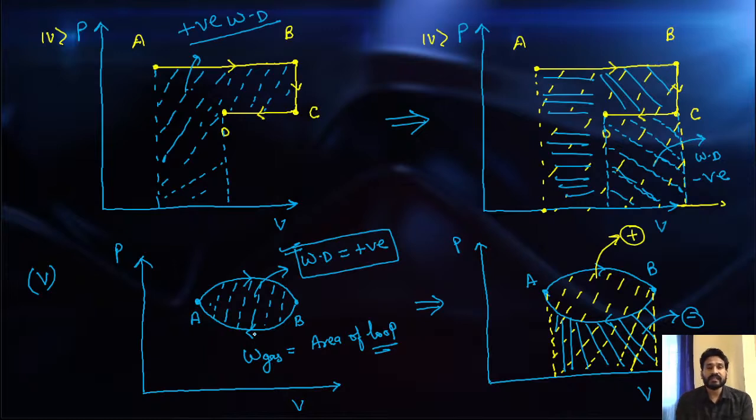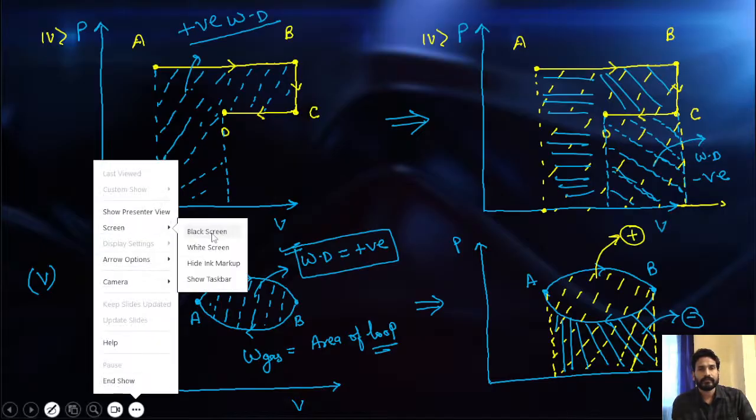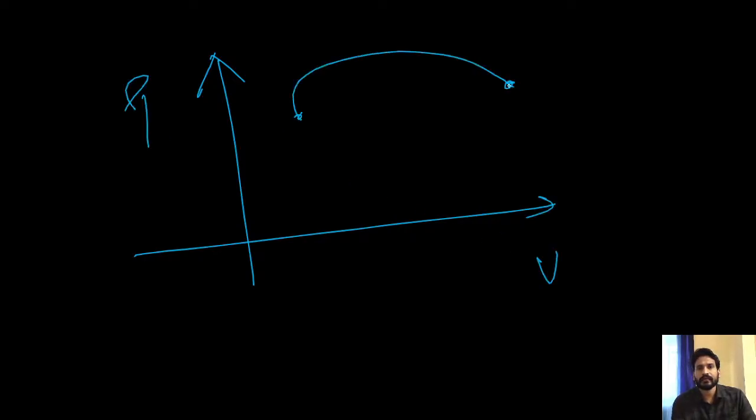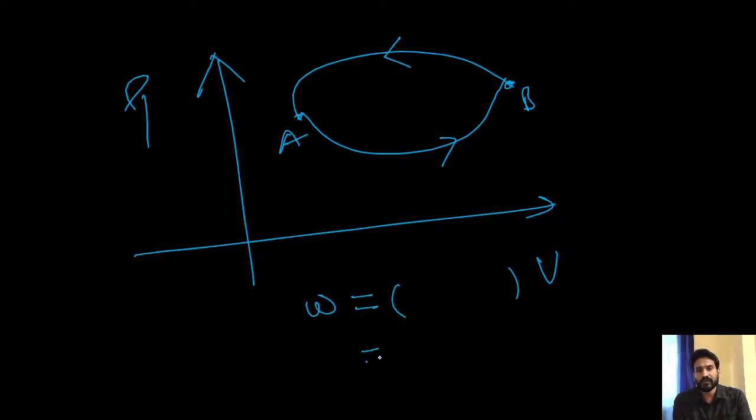Let's suppose that the sign of the cycle will be different, or you can say opposite. Let's suppose P and V. This is my A to B, right? This is my A, and the process is something like that. So tell me the work done and its sign. How to calculate the work done mathematically, and what is the sign?